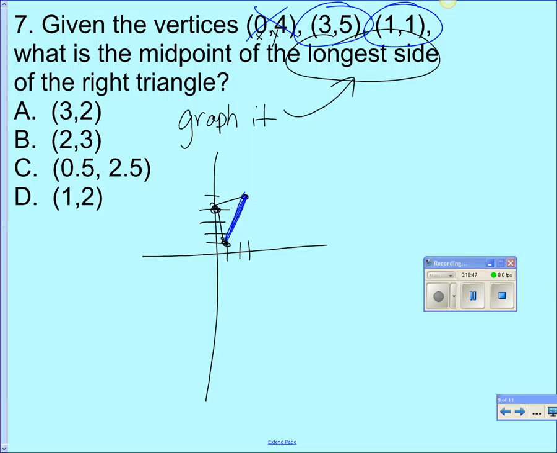And Chad, what else do we have to do on this problem? Why? All right, it says midpoint. So you got to do 3, 5, and 1, 1. All right, very good. Haley, what do we do next? What's the formula?